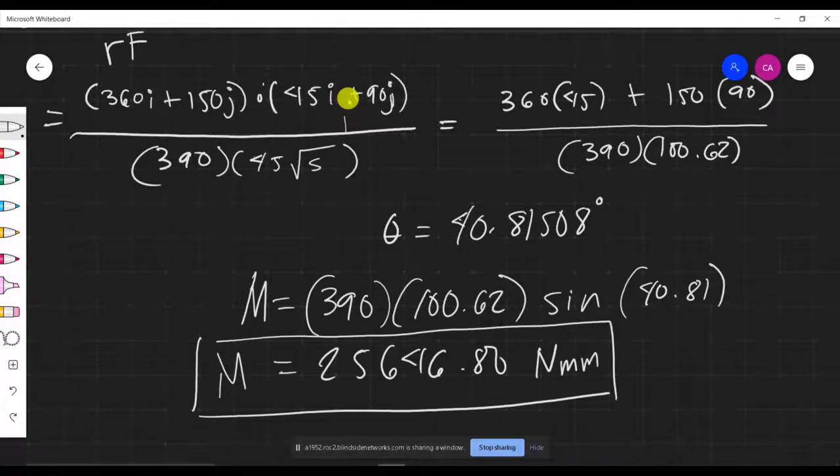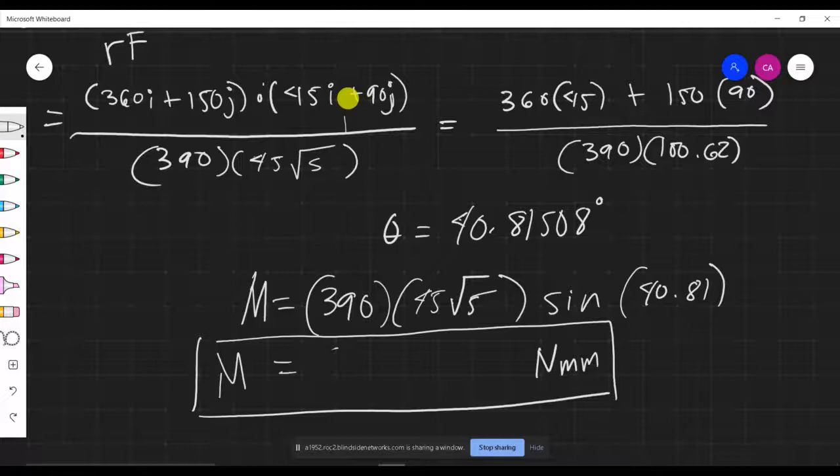Kung marunong ka mag-shift store, pwede rin mag-shift store, no? So, 390 times 45. So, this is, palitan natin. So, 45 square root of 5. So, mababago yung sagot natin. So, 45 square root of 5.